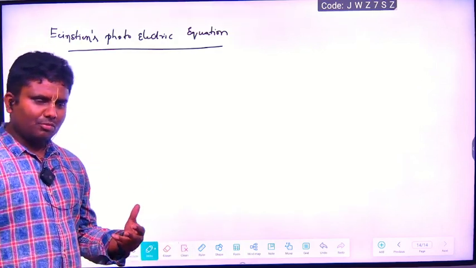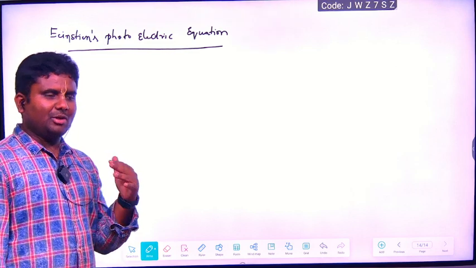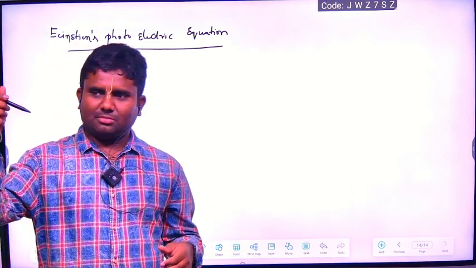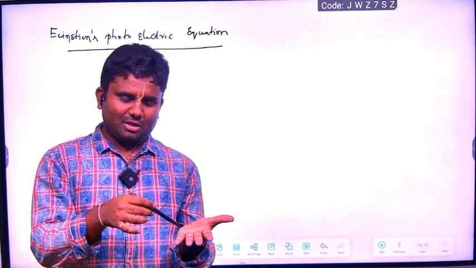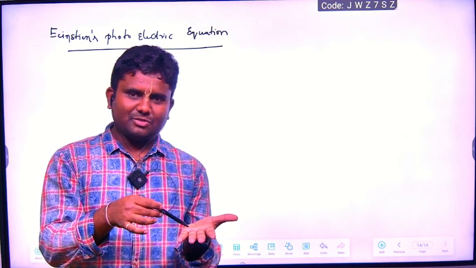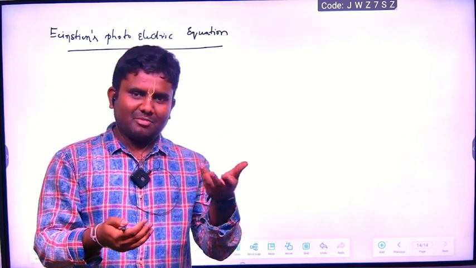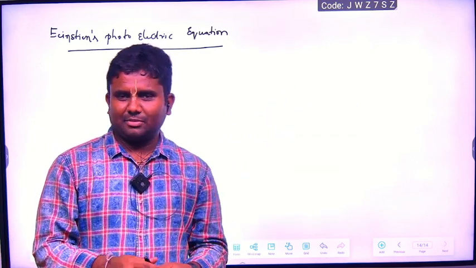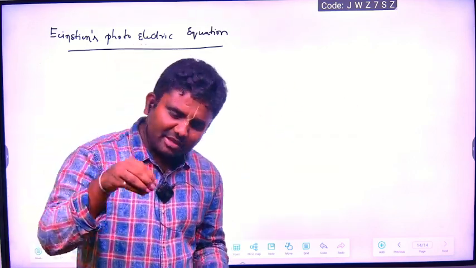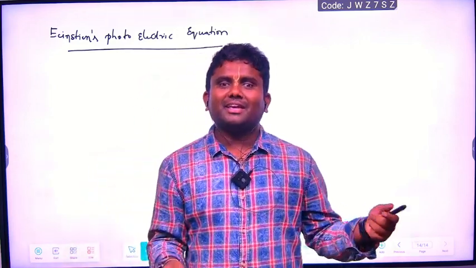Light rays will come and fall on the surface of the metal. When they fall on the metal surface, electrons come out, and those electrons are collected by another metal plate. So why do electrons emit when light rays fall?